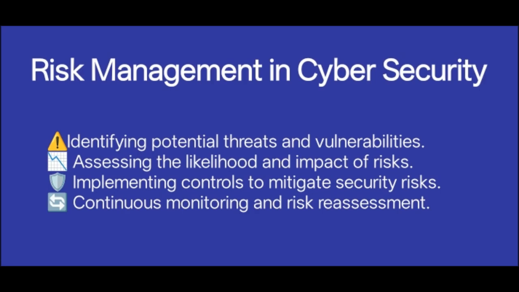Once threats and vulnerabilities are identified, we move to the second step, assessing the likelihood and impact of risks. Not all risks are equal. Some are very likely to happen but may cause little harm, while others are rare but could cause catastrophic damage. For example, an employee forgetting to log out of a computer might be common, but the risk might be low.